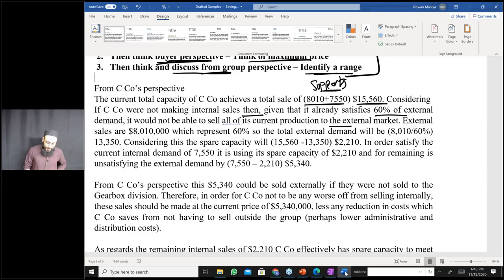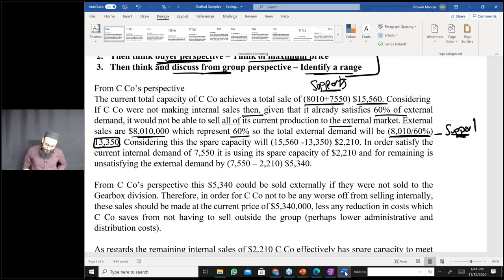External sales are 8010, which represents 60%, so the total external demand will be this divided by this, which is 13,350. Getting the point, guys? This is my supporting calculation in this category.